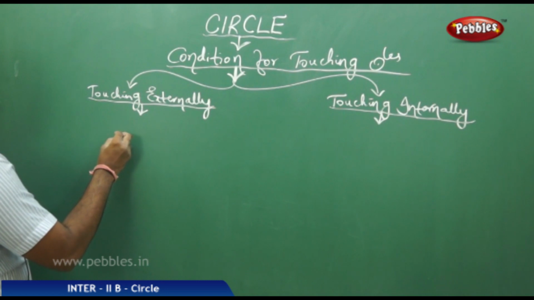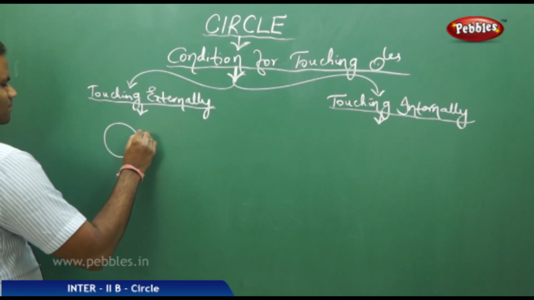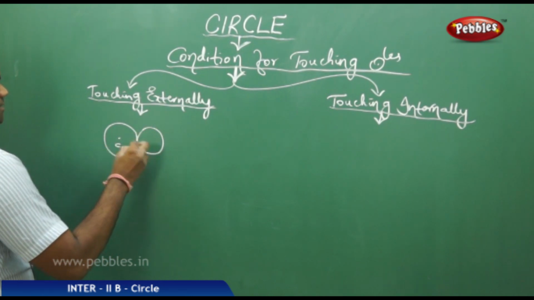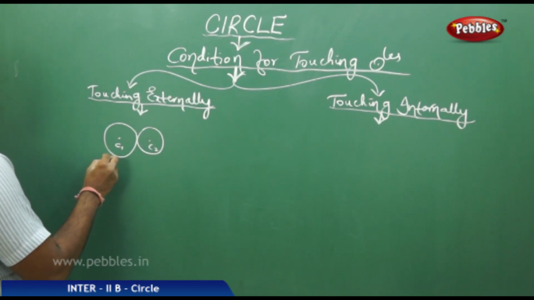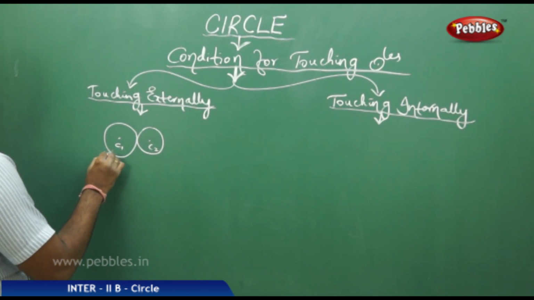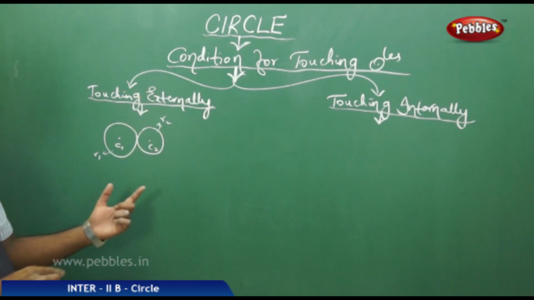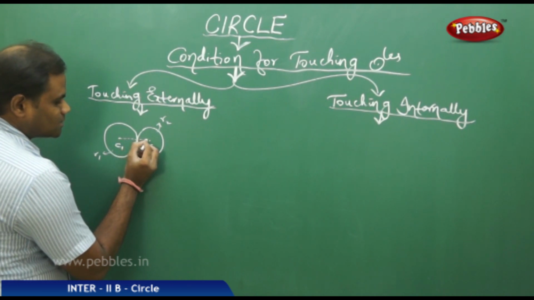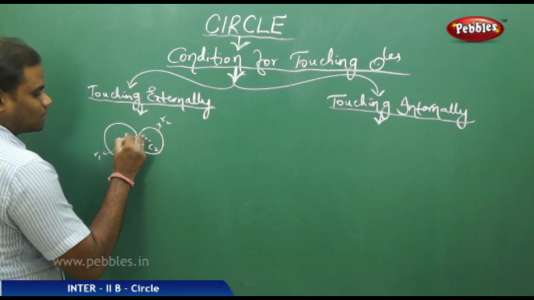Now when I clearly see the two circles, say one with center C1 and the other with center C2, and the radius of this circle is R1 and the radius of this circle is R2, then clearly I see that the distance between their centers is nothing but the sum of their radii, which is R1 and R2.